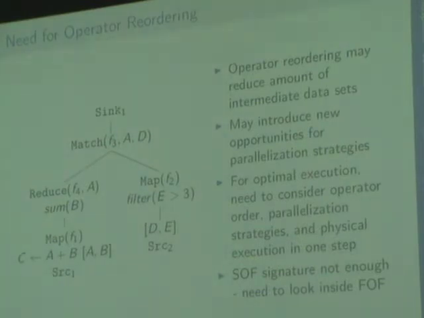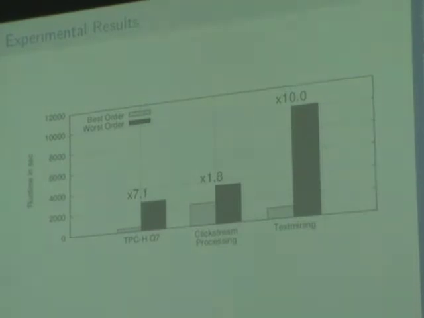And what also is interesting here is, because we are a general purpose system and you can use general purpose Java code inside these operators, it's not sufficient to know the signature of these operators, of these second order functions, but we also need to look inside the user code to decide whether we can reorder these operators or not.